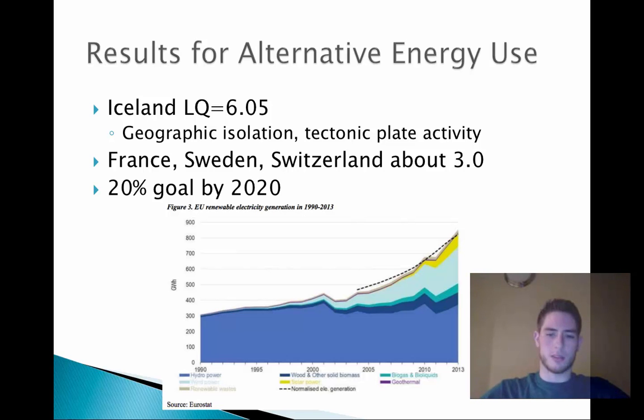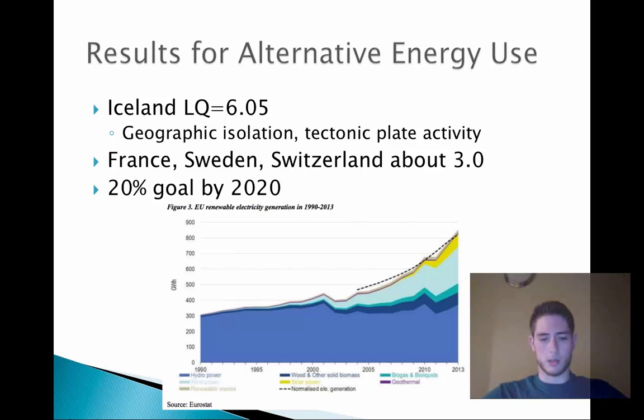So again, Sweden, Switzerland, Germany also has a fair amount of alternative energy. This is really set forth by the EU, a big initiative to increase this and reach a 20% goal by 2020 for the EU. They have actually already reached this in the last couple of years, but they're looking to keep pushing beyond what they expected.